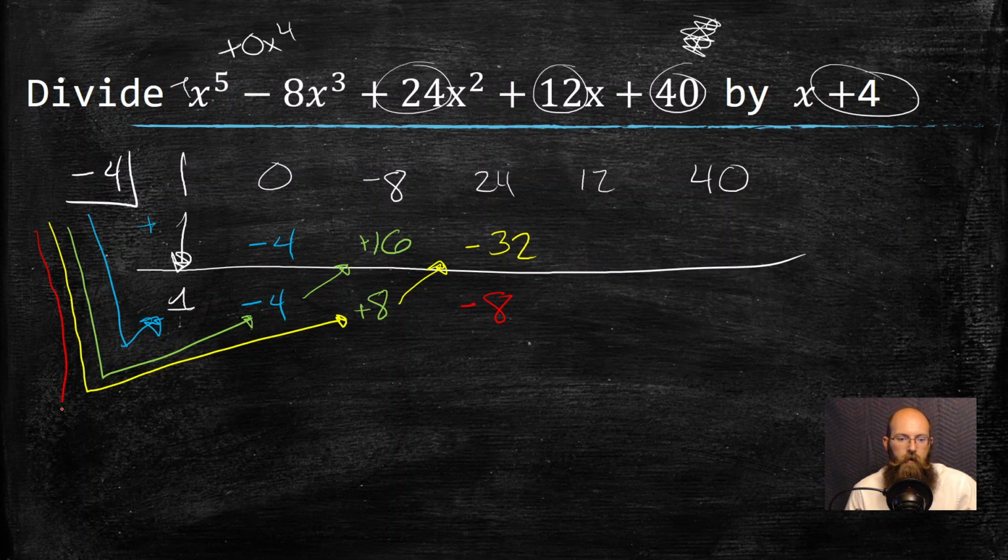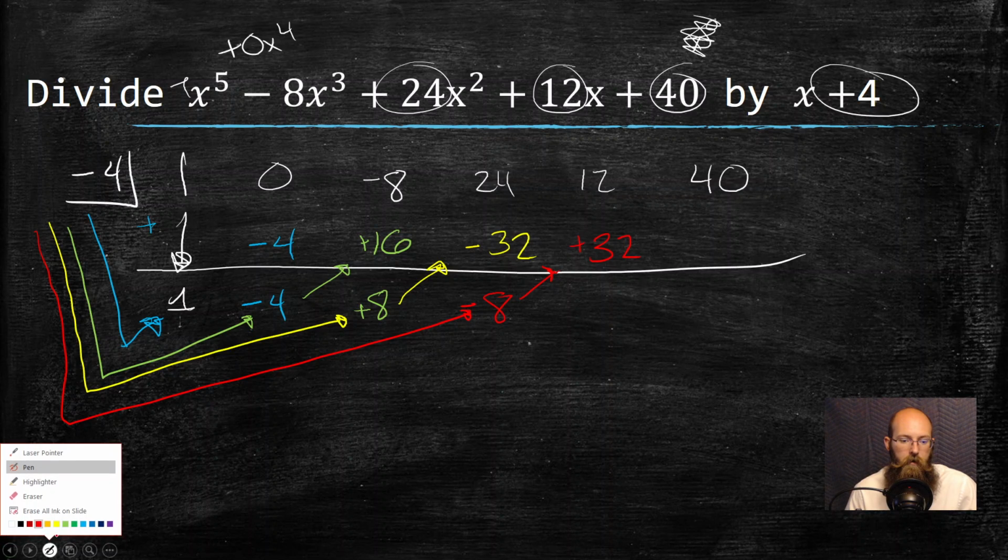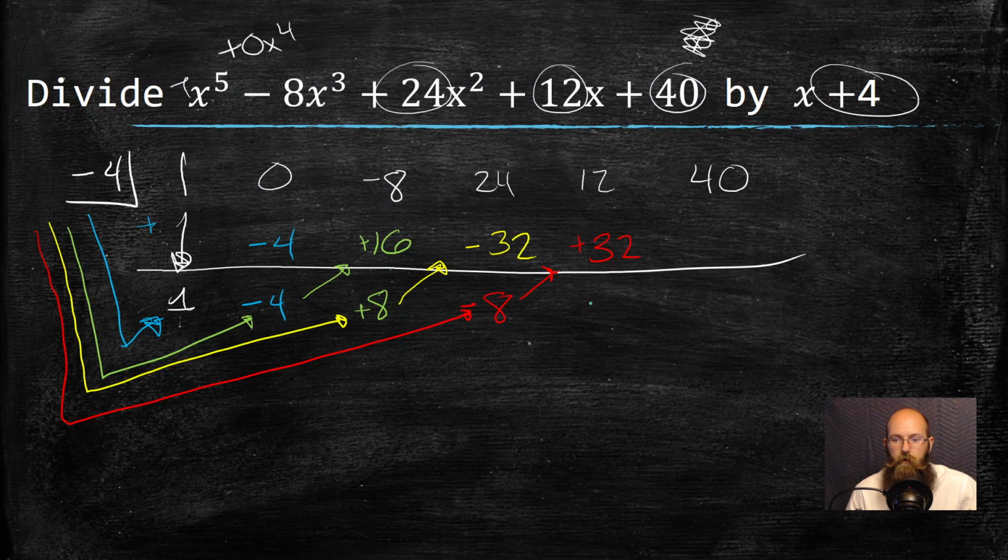And then I take that negative 4 and I distribute it to that negative 8. And I get a positive 32. Add those straight down, and I'm running out of color options. Do dark green now, I guess. 12 and 32 get me, what is that, 44?